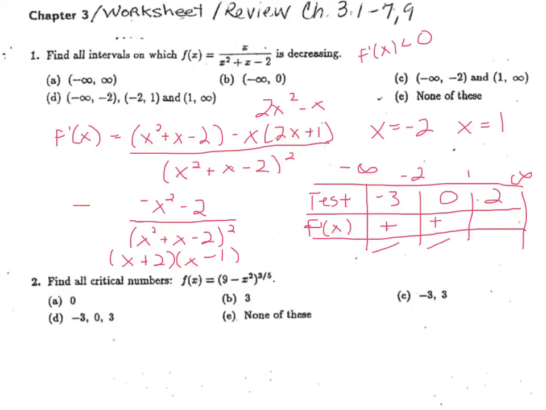And if I plug in 2, I will have a negative on the top and a positive on the bottom. So I'll have negative. So I'll be decreasing. So the only spot where this function is decreasing will be in between 1 and infinity. So it should be none of these.